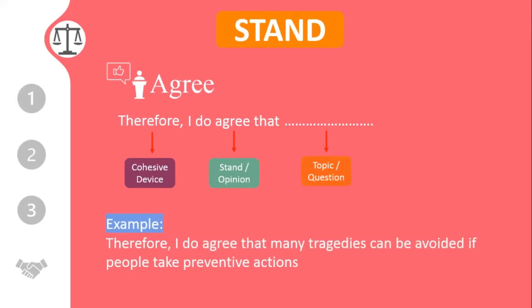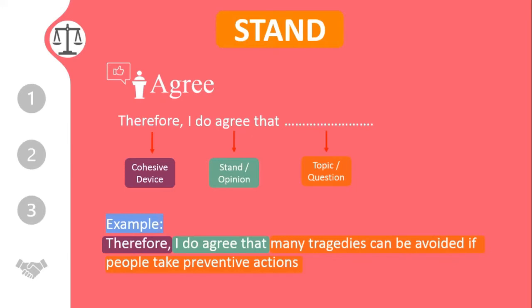For example, therefore, I do agree that many tragedies can be avoided if people take preventive action. As you can see, we begin with an appropriate cohesive device, a clear stand, I do agree that, followed by the topic of discussion. Many tragedies can be avoided if people take preventive actions.